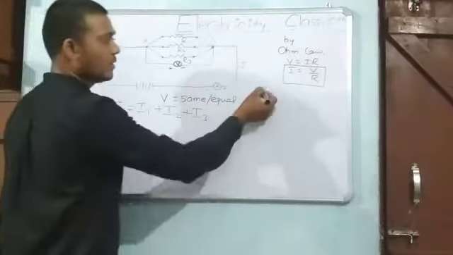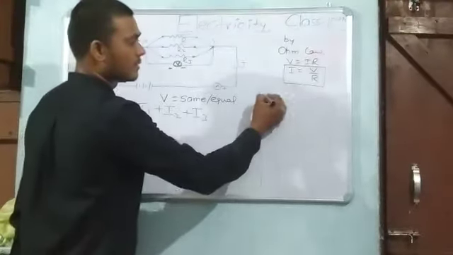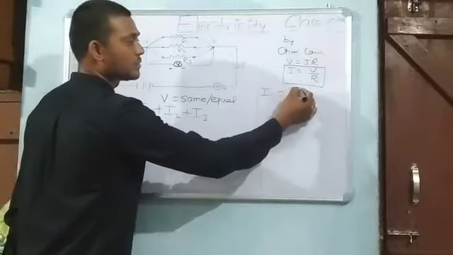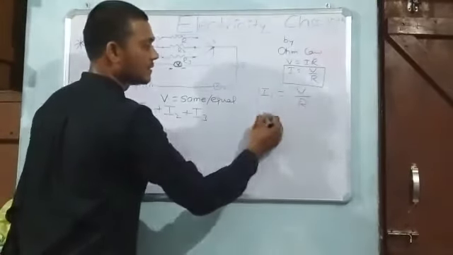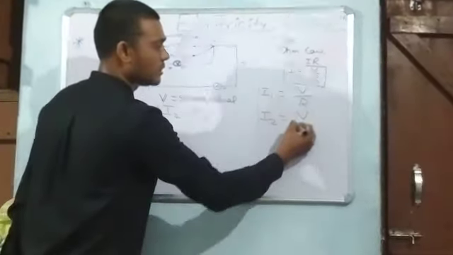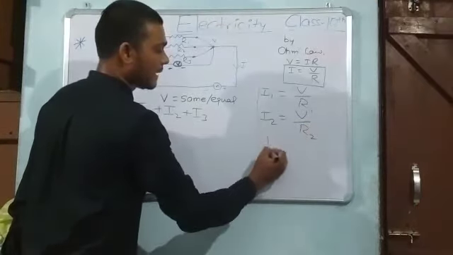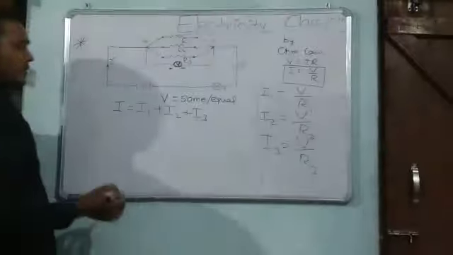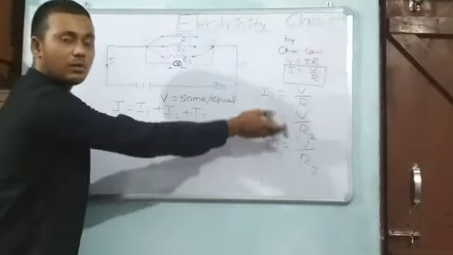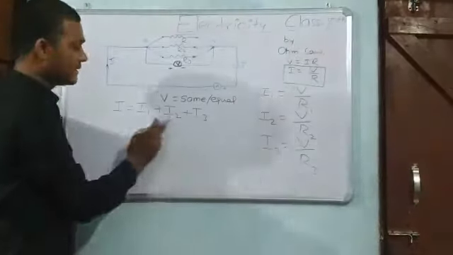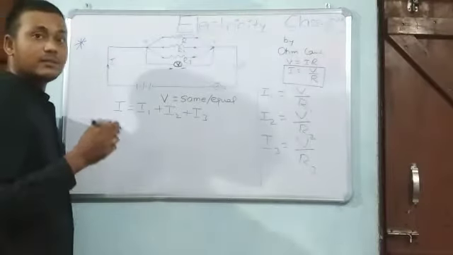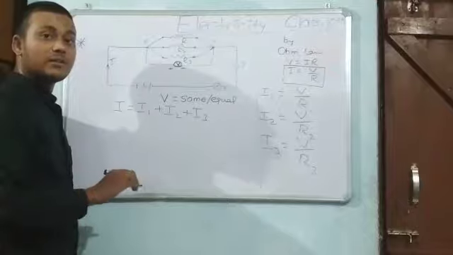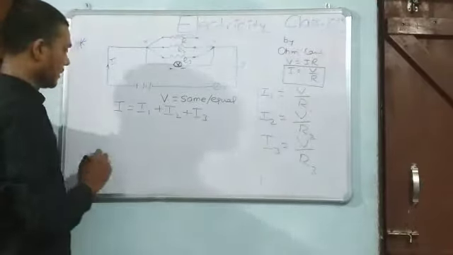Okay, we know that I is equal to V upon R. So I1 is equal to V upon R1, I2 is equal to V upon R2, I3 is equal to V upon R3. Okay, we need to put all the values of I1, I2, I3 in this equation and get the value of equivalent resistance when resistors are placed in parallel.